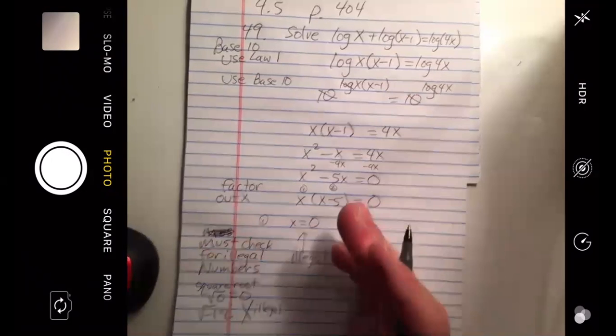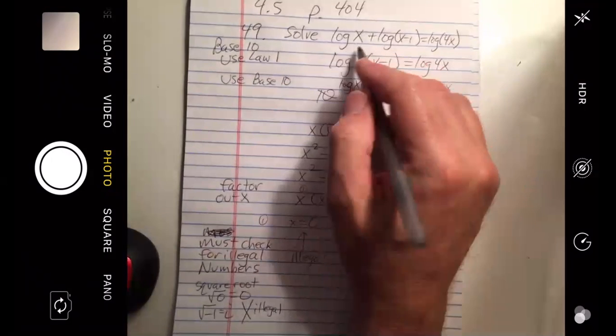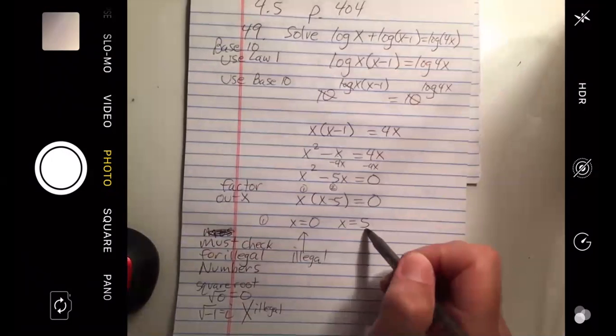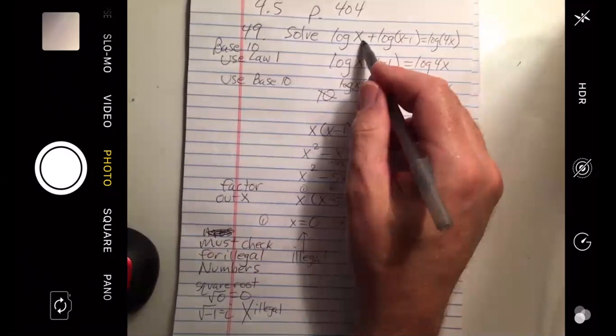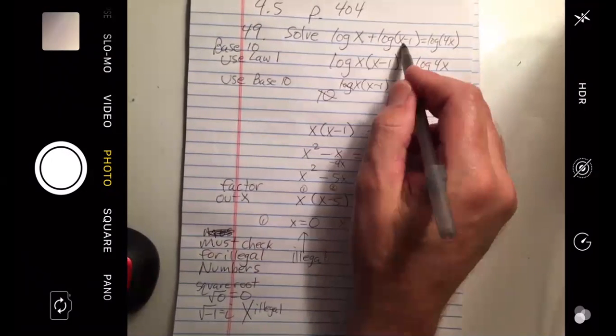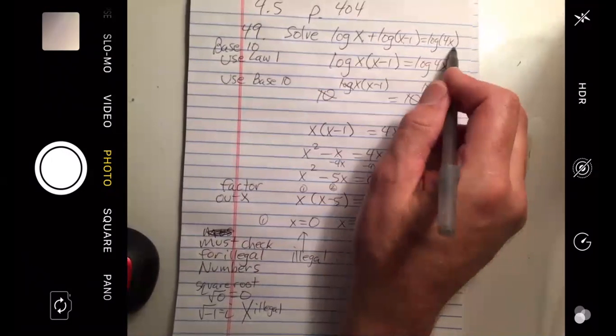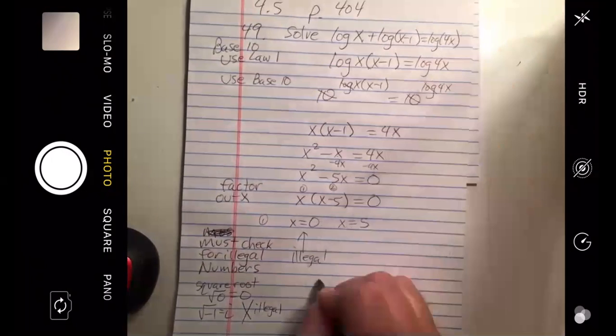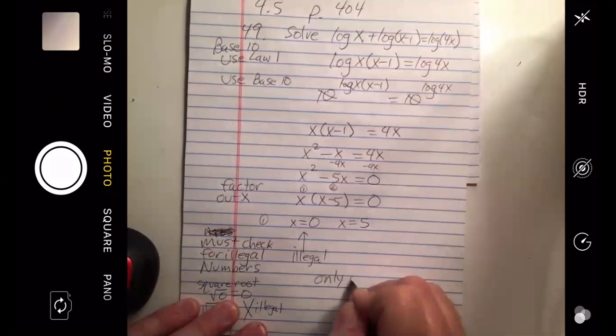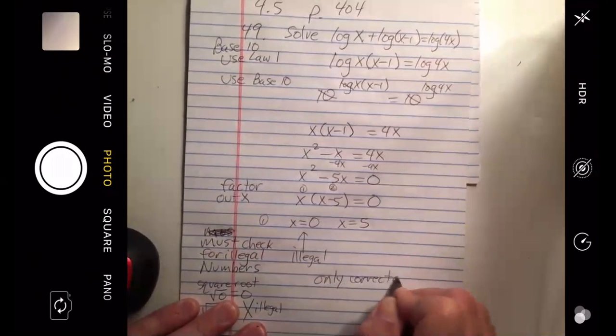You also want to check for negative numbers. If I put a number back, will I get a negative? You can do 5 in your head. Log 5, 5 is positive. 4 times 5 minus 1 is 19, which is legal. This gives you a log 20. So that's legal. The only correct answer is x equals 5.